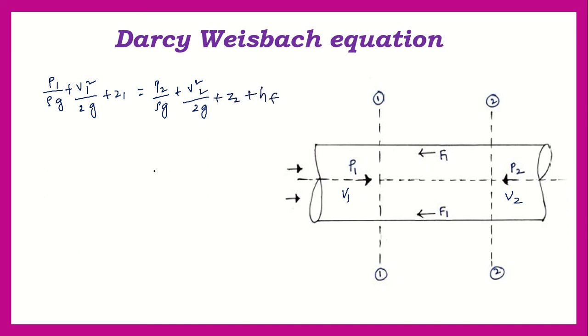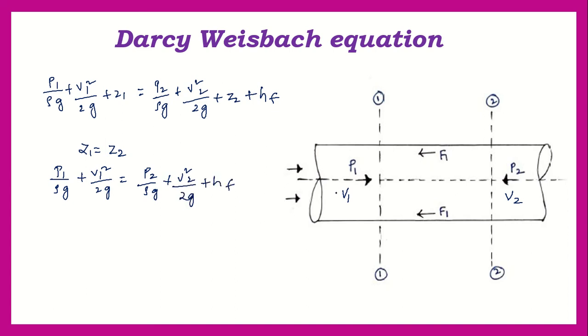Initially I told you this is a horizontal pipe, so we can say that Z1 is equal to Z2. Now our equation turns out to P1 by rho g plus V1 square by 2g equal to P2 by rho g plus V2 square by 2g plus HF, because Z1 and Z2 are the same, they get cancelled out.